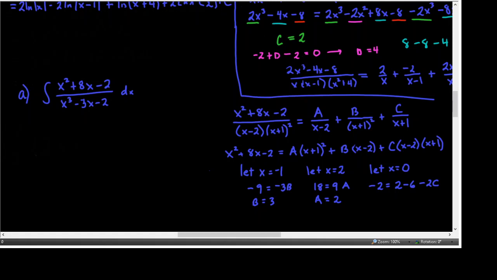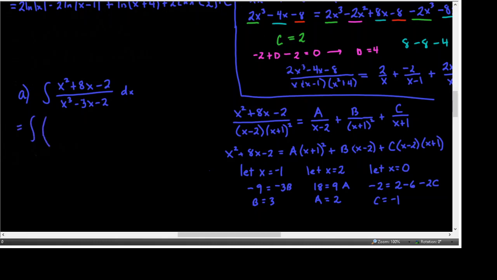So let me see. C would equal negative 1. Just want to double check that. Yeah, that's right.